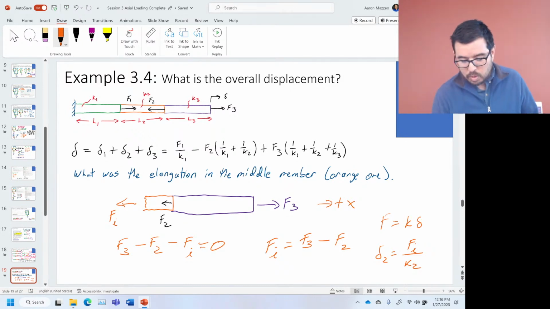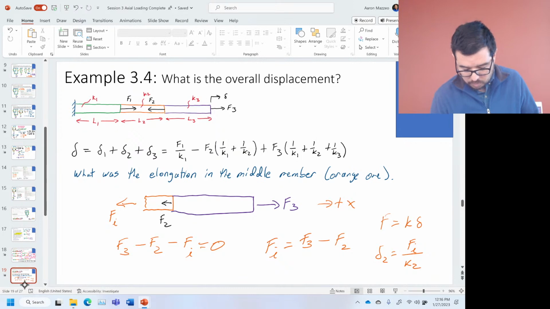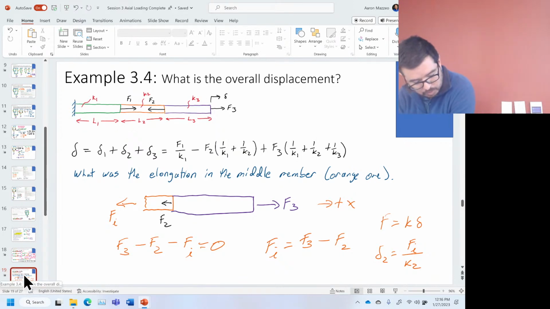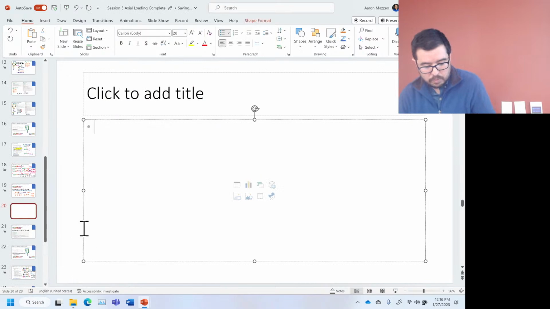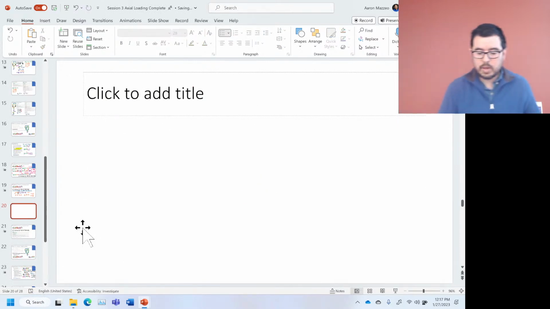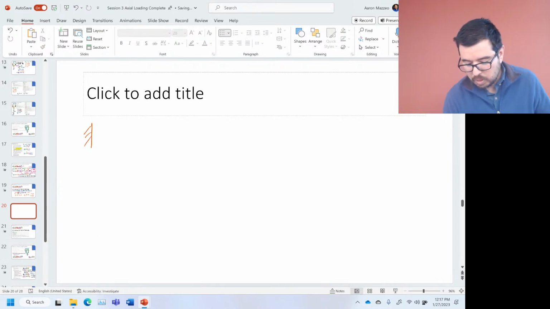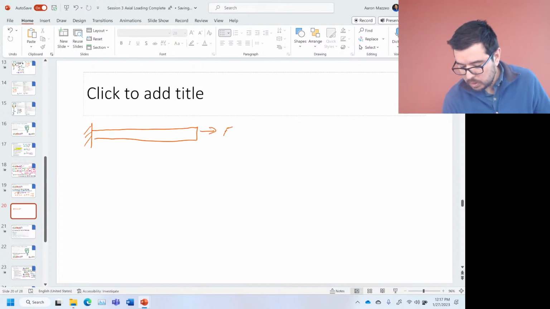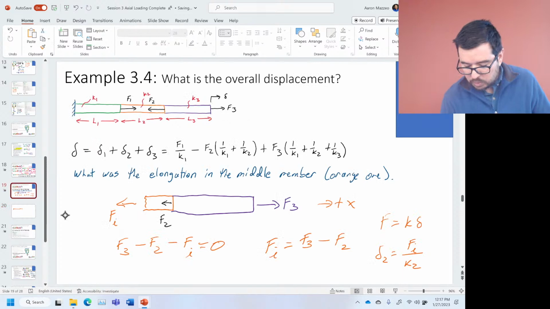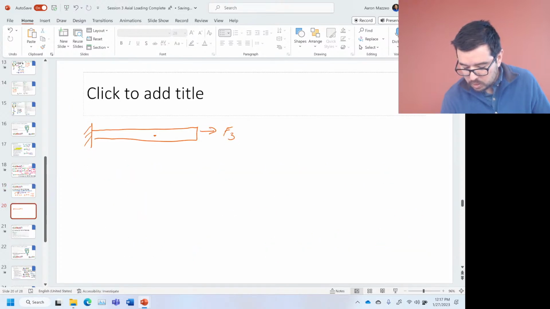Let's say you wanted to, let me get some more space. If you want to have the right side exposed, and I'll be quick here, I think F3 is this direction, F2 is this direction, and F1 is this direction.